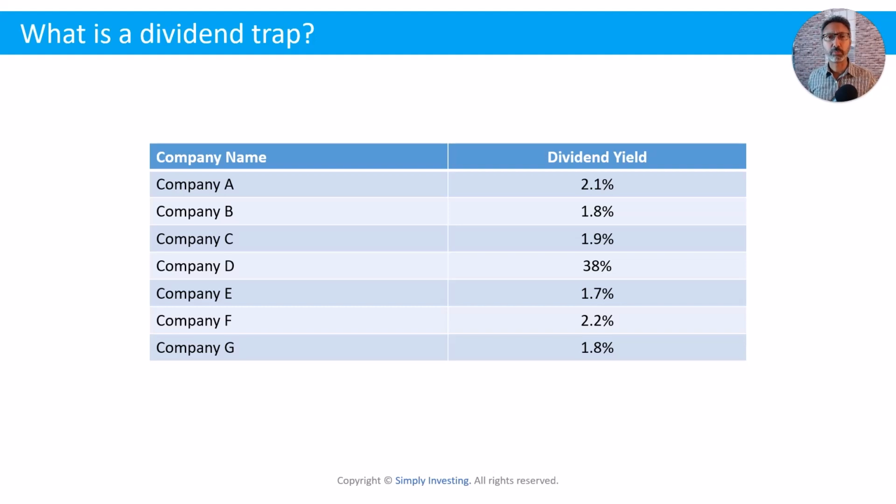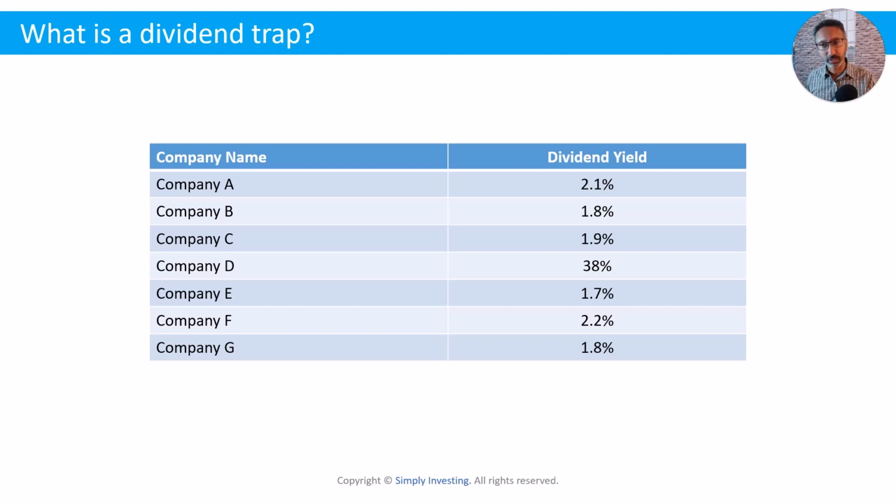Dividend yield for company B is 1.8%. Company C, 1.9%. Company D, 38%. Company E, 1.7. Company F is 2.2. Company G is 1.8. Now, do you notice anything odd about any company on the list?